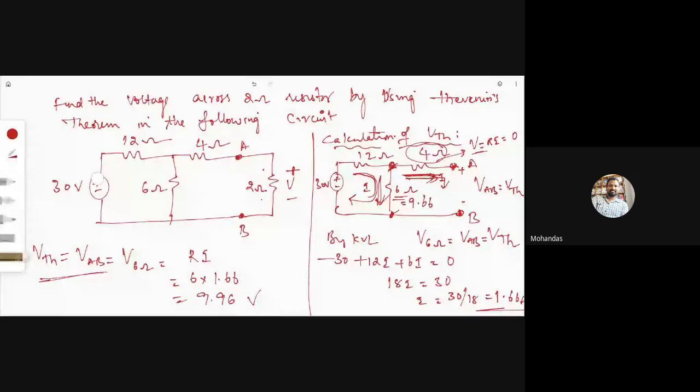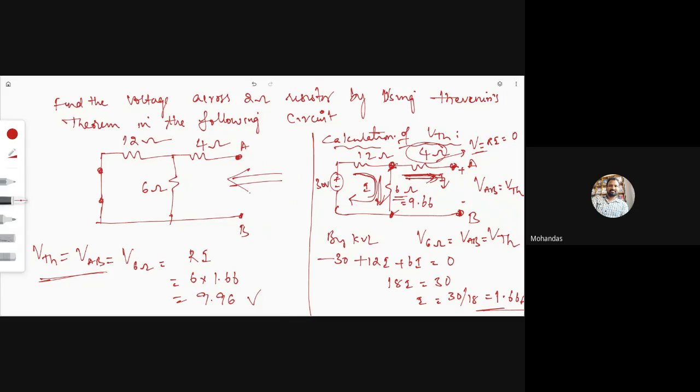For R Thevenin, you have to remove the load resistance, and the voltage source is replaced by which circuit? Yes, short circuit. So it is replaced by a short circuit.